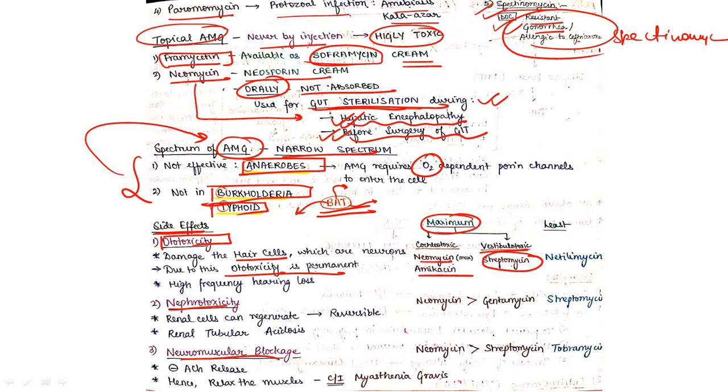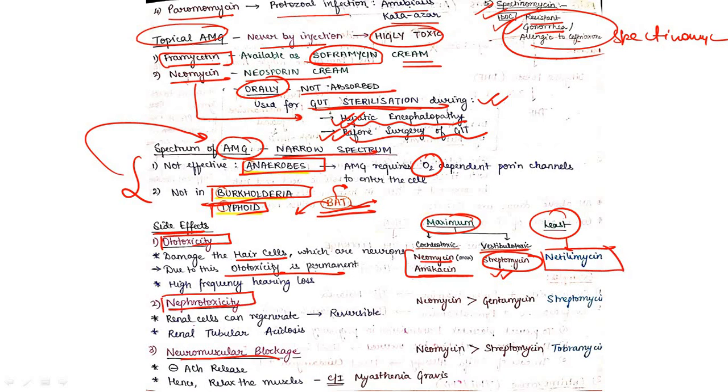So there are two types of ototoxicity, vestibular toxicity and cochleotoxicity. For vestibular toxicity, streptomycin is maximum, and for cochleotoxicity, neomycin and amikacin are the maximum. The least ototoxic is netilmycin.